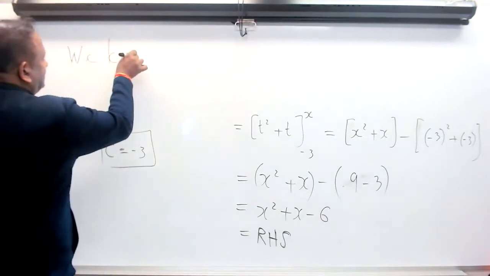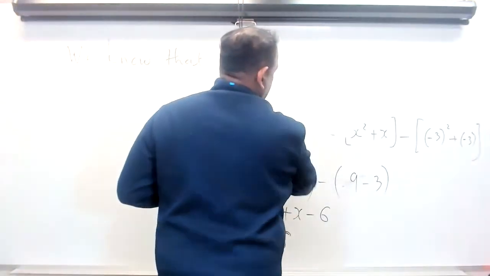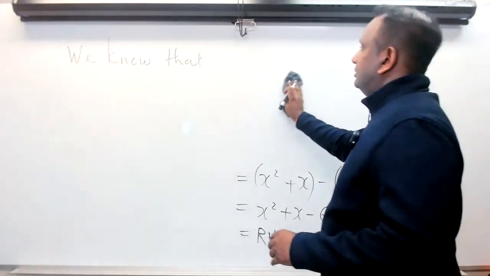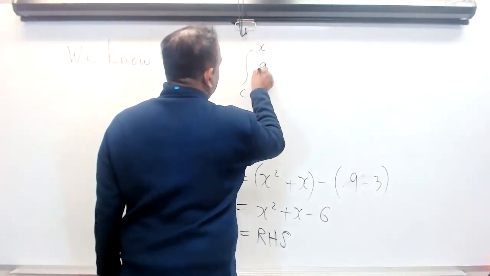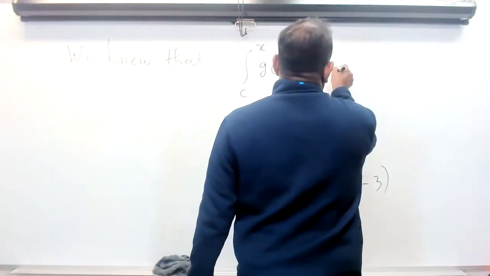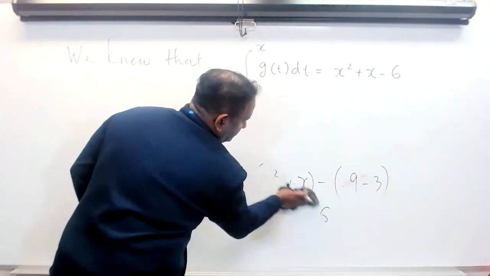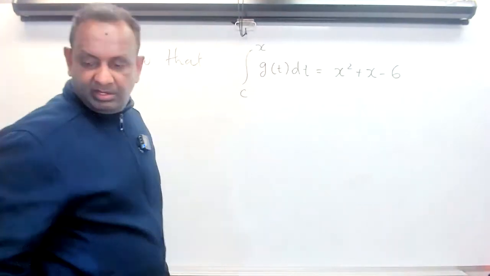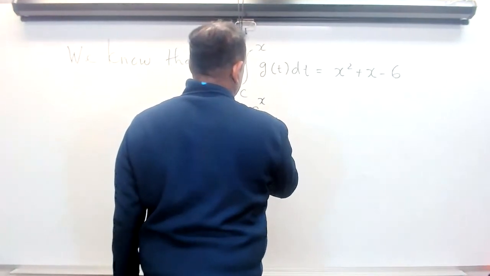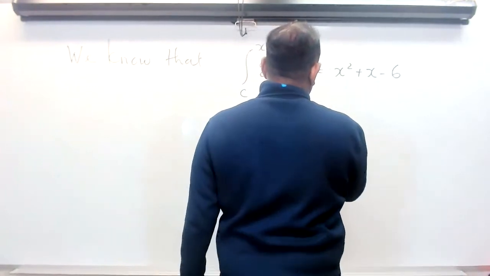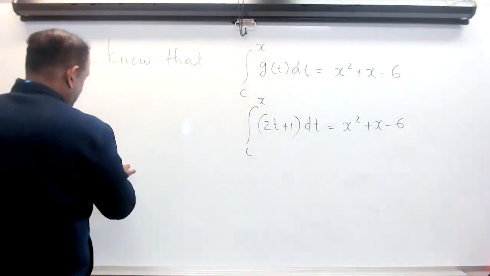We know that the integral from 2 to x of g(t) dt equals x squared plus x minus 6, which means the integral of 2t plus 1 dt should be equivalent to this guy when c equals 2.